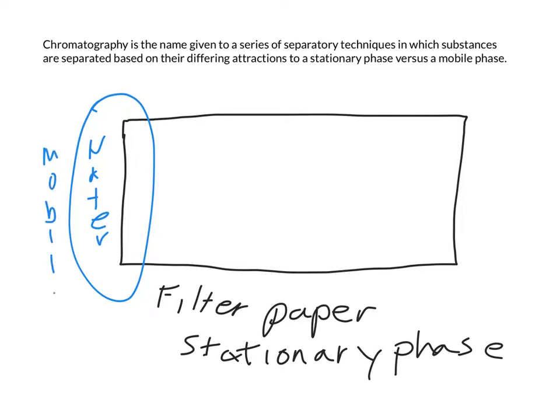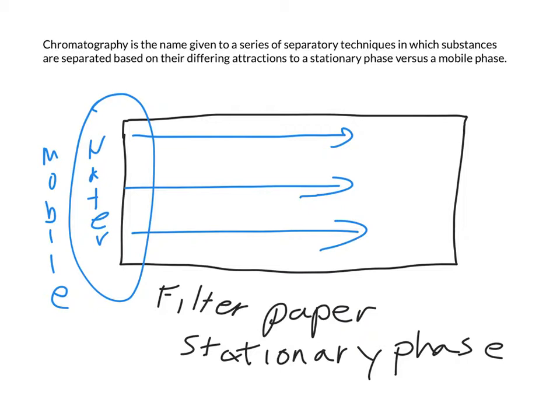Why is water your mobile phase? Because you'll quickly see in today's experiments that if you place water on filter paper, it doesn't stay in place. It will actually climb up your paper. So because your water is capable of moving, it's referred to as your mobile phase.